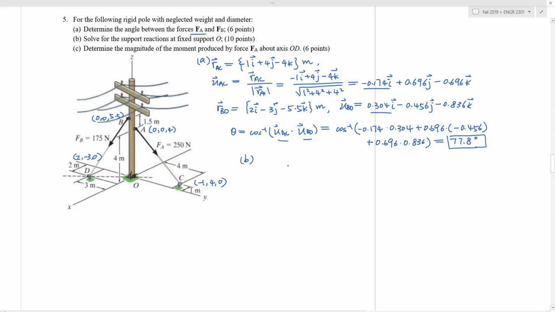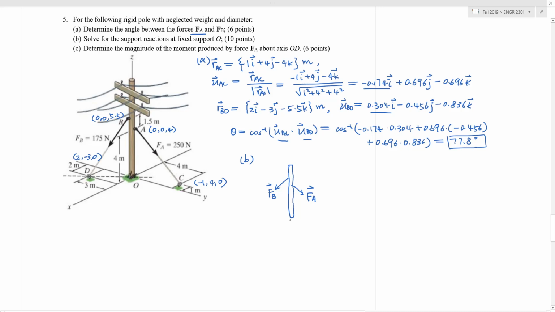For part B, we need a free body diagram because we're trying to solve for support reactions. So we have two forces that need to be represented in Cartesian vector form. But at point O, we have a fixed support. Fixed support provides maximum restraints.